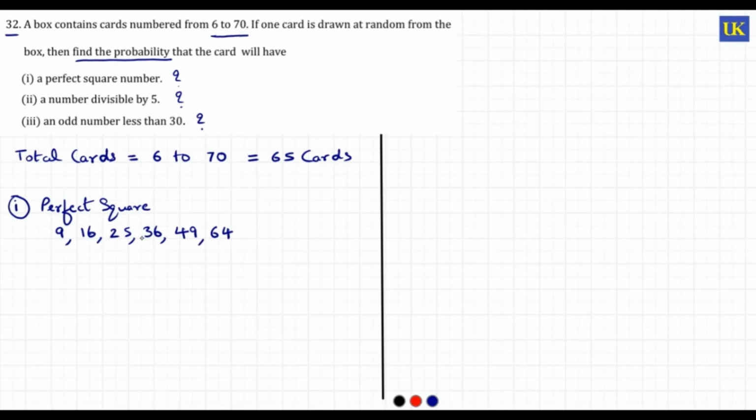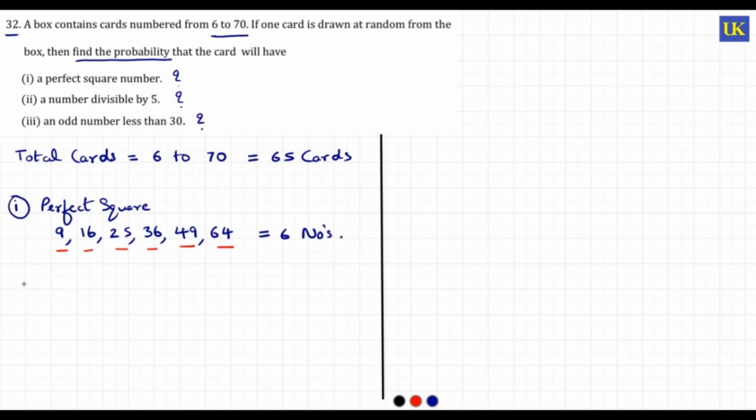So these are the perfect squares. How many such numbers do we have? 1, 2, 3, 4, 5 and 6. So in total we have 6 perfect square numbers.